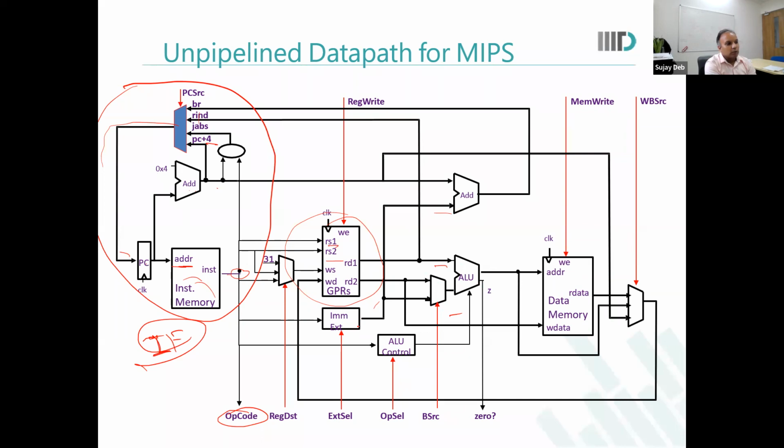Again, I am ignoring many things here. You see that there is an immediate mentioned here. If you are dealing with direct values, for example, if I want to add the value 5 to a register's content, then that 5 will be communicated as an immediate. That we are ignoring at this point.